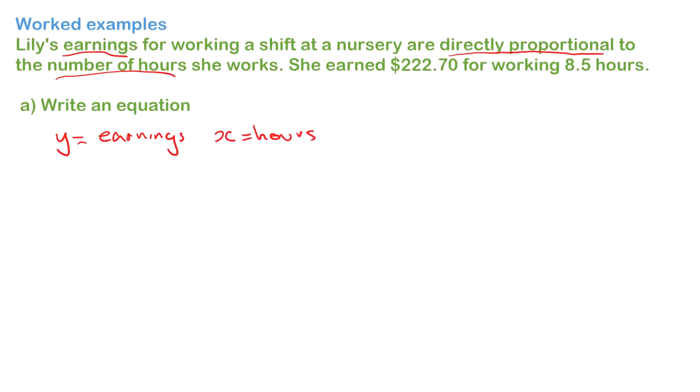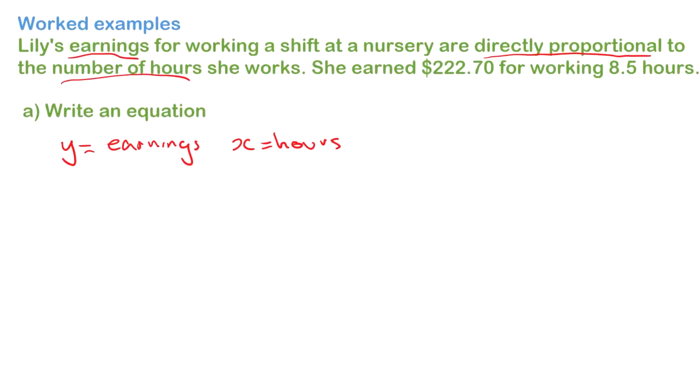Remember, the general form is y equals kx, but to make it more realistic to the question, I'm going to say that E equals kH, where E is my earnings and H is my hours.